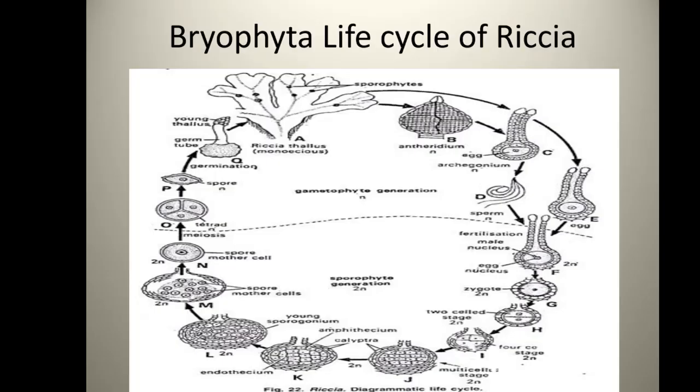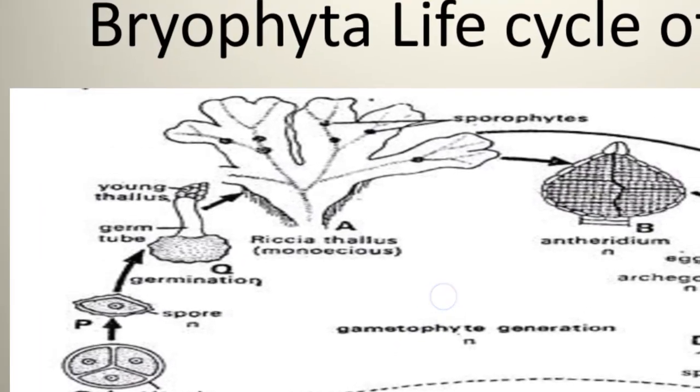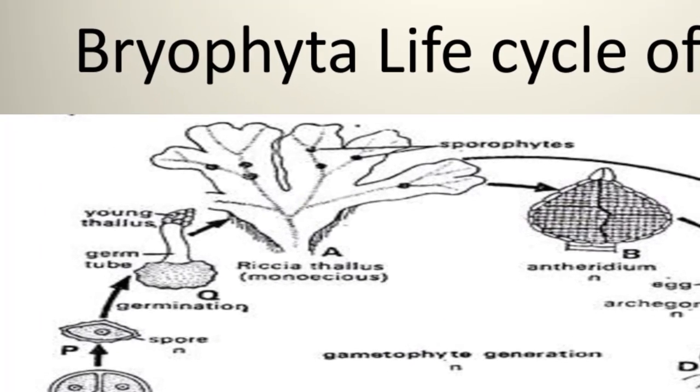Now this is the life cycle of the Riccia. Here we see the adult Riccia having unicellular rhizoid-like structures. They function to adhere the plant to the substratum, but it is not actually a root, though it functions like a root.